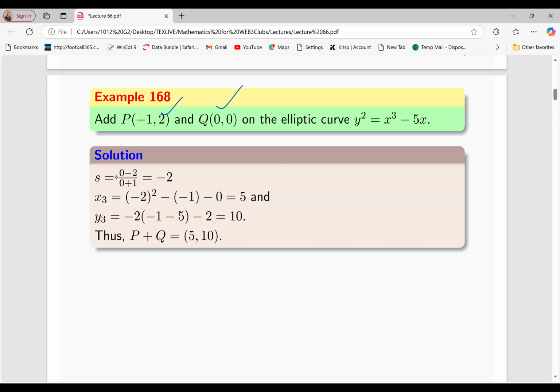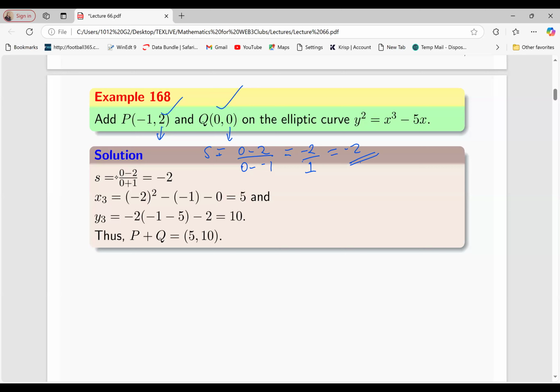The x-values are not the same, so they're not on the same vertical line. And again, they're different, so we use the first formula. And what does it say? That S would be (y2 minus y1) over (x2 minus x1). So then this is -2 out of 1, which is -2. That is our gradient.